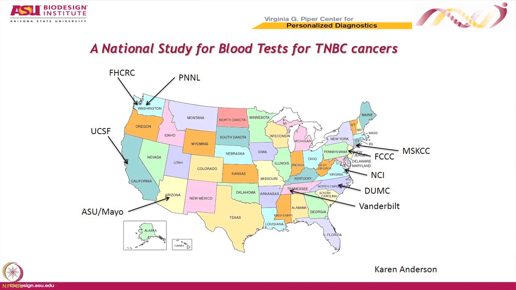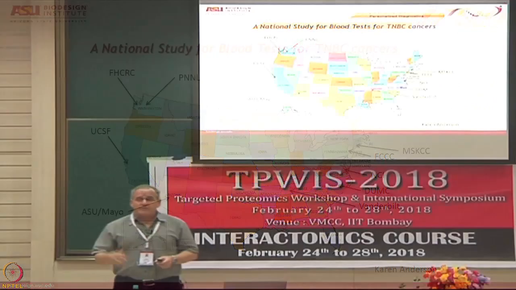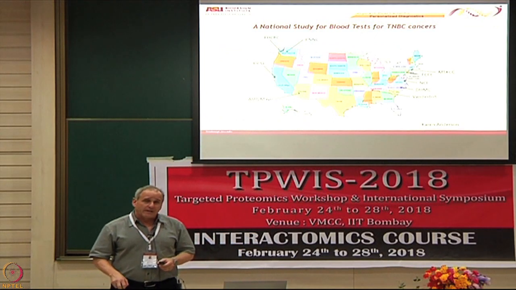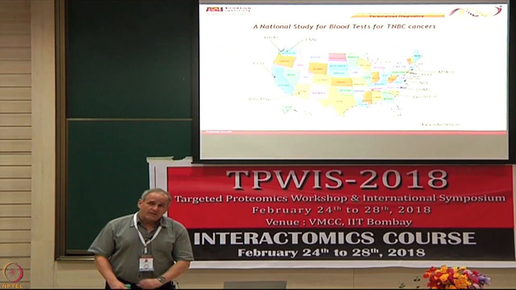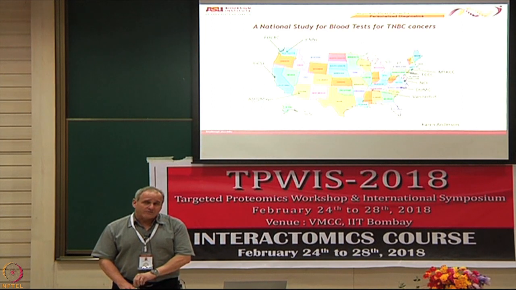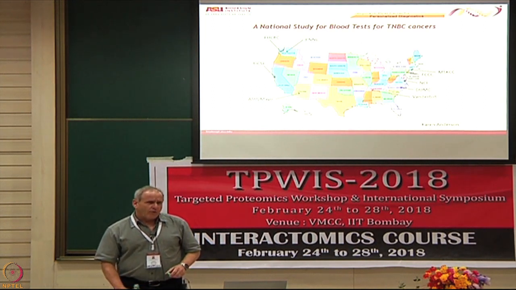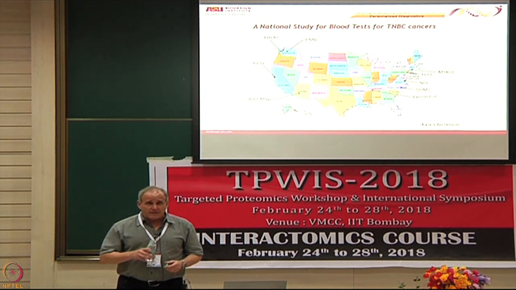Okay, so we actually participated in a national study to see how these markers held up against other markers for triple-negative breast cancer. This is through the Early Detection Research Network at the National Cancer Institute in the US. There were, I think, 14 different laboratories that participated in this study.